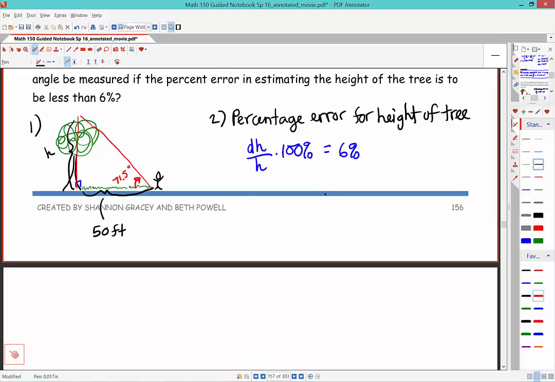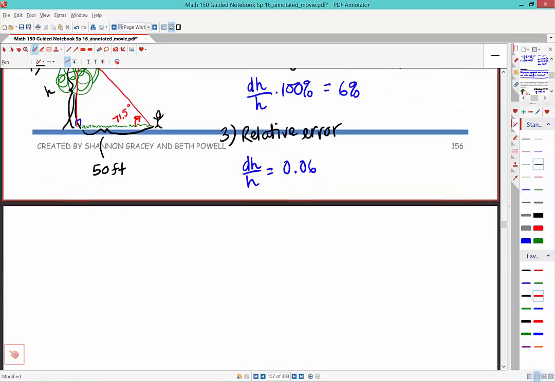Relative error can be a little easier to work with. So the relative error is just going to be dH over H, which is equal to 0.06. So I think that'll be better to work with. So now we need to find dH over H. So let's go ahead and find our differentials.